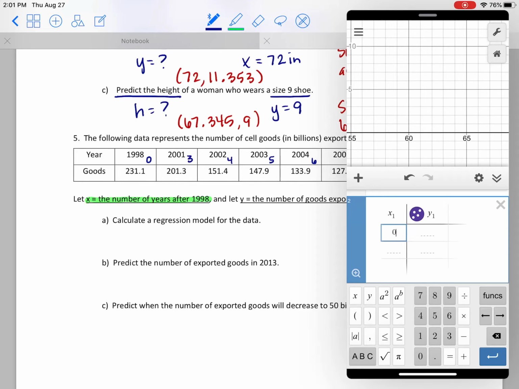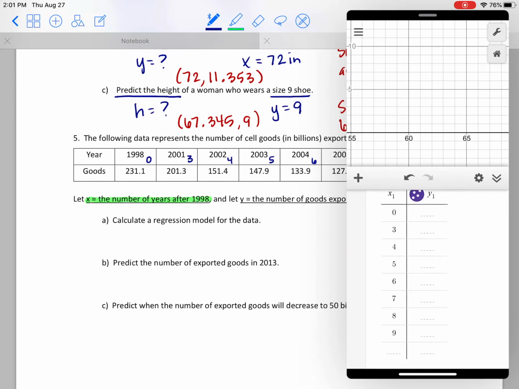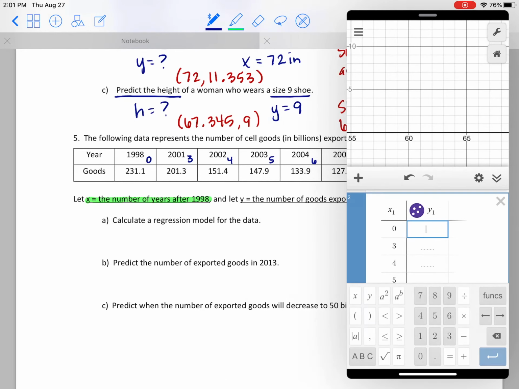Alright, so we have 0 years after 1998, and then we've got 3 years later, and then 4, 5, 6, 7, 8, and I think we went to 9, didn't we? Yeah. Okay.